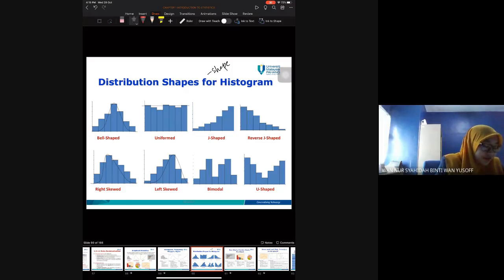For example, for the bimodal, based on your data, let's say it is a U shape. For the U shape here, the first bar and the second bar should be the largest ones, the highest ones, or maybe there is a difference between them.